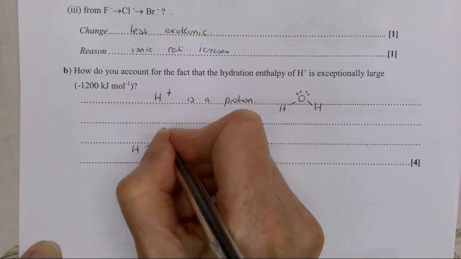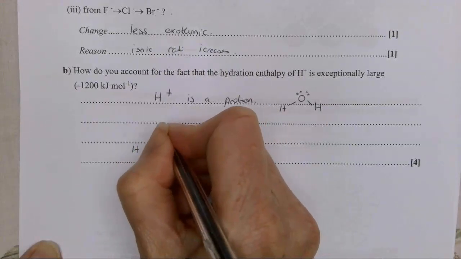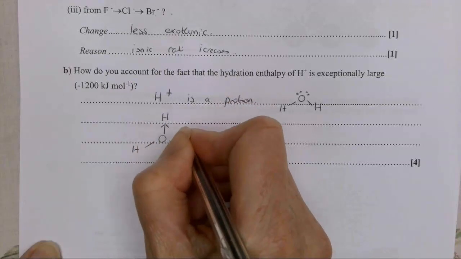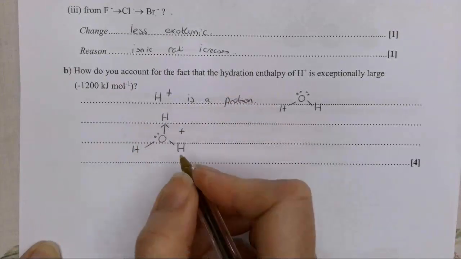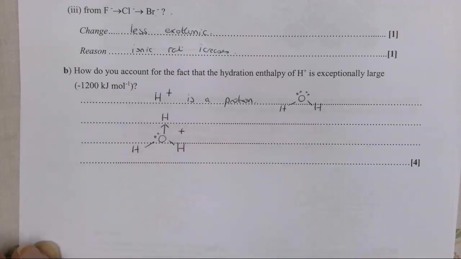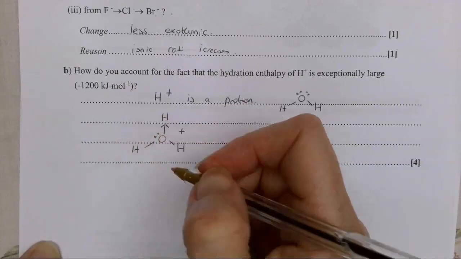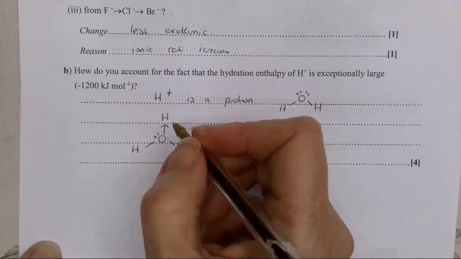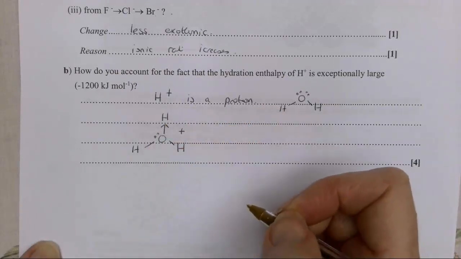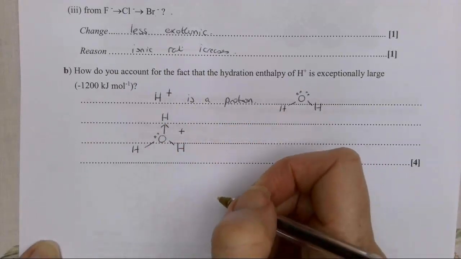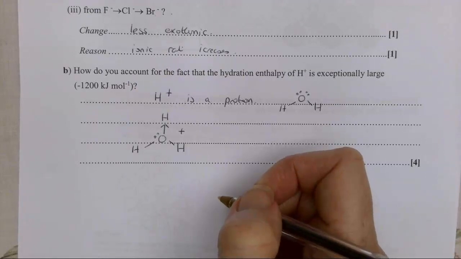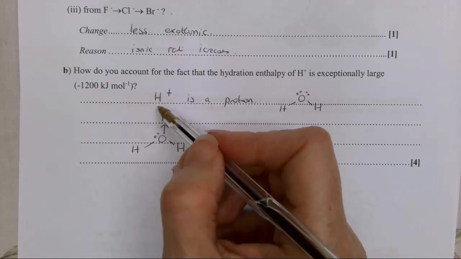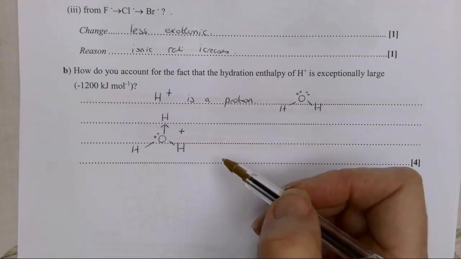The lone pair on the oxygen, or one of the lone pairs, is able to form a bond with the hydrogen ion, because one of the lone pairs of electrons gets donated to that hydrogen ion, which forms a dative covalent bond. And this is actually what happens with an acid. We say the presence of hydrogen ions indicates that we have an acid.